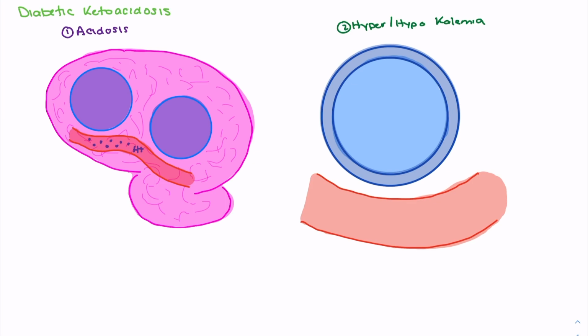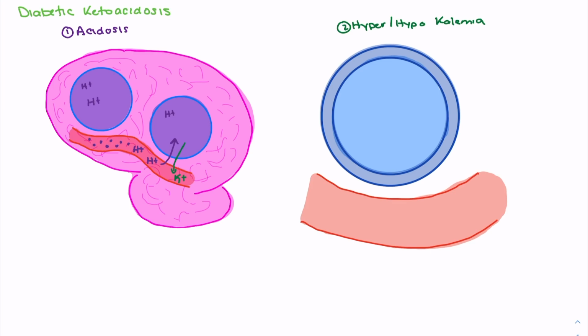What that means is that we start to see the exchange of hydrogen ions into the cell for potassium ions, which are going to exit the cell. So one of the body's mechanisms as an attempt to mitigate this acidosis is to push a lot of hydrogen ions into the cell while pulling a lot of potassium ions out of the cell.